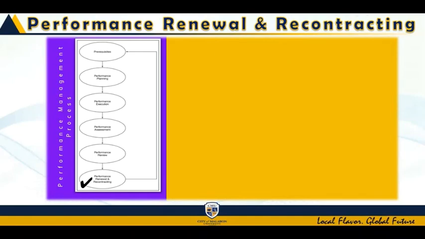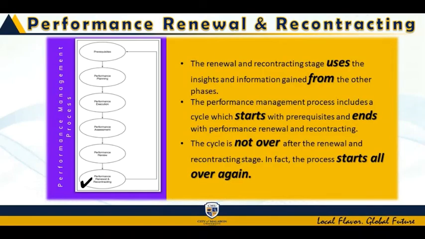The final stage, the renewal and restructuring stage, uses the insight and information gained from the other phases. For example, some of the goals may have been set unrealistically high given an unexpected economic downturn. This would lead to setting less ambitious goals for the upcoming review period.